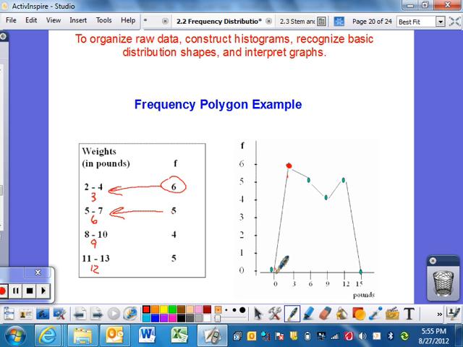Notice they're going by 3, so the next midpoints would be at 0 and at 15. At 0 you need a dot on the horizontal axis, and at 15 as well, and that encloses your polygon. So this is a frequency polygon example, and that's how you deal with it. That's what the midpoints are for, and it ends up enclosing in a shape.